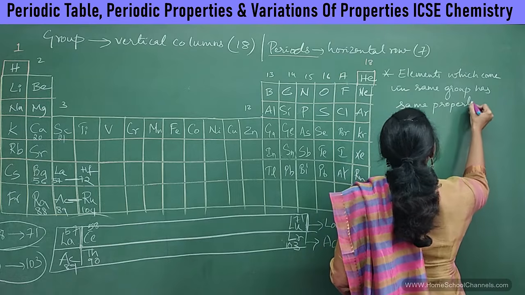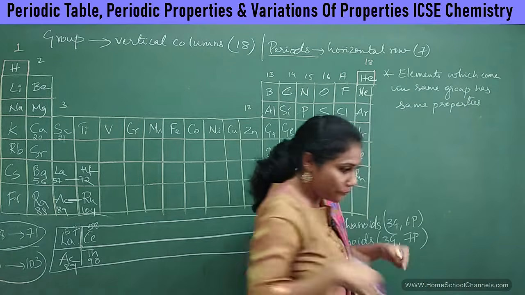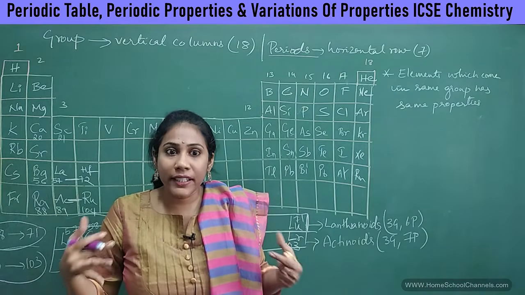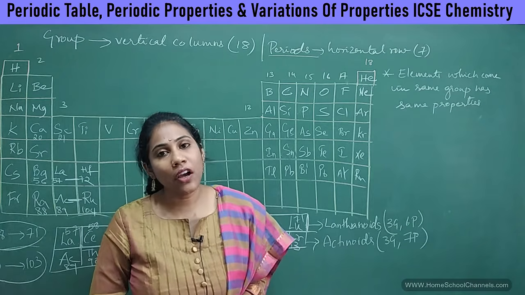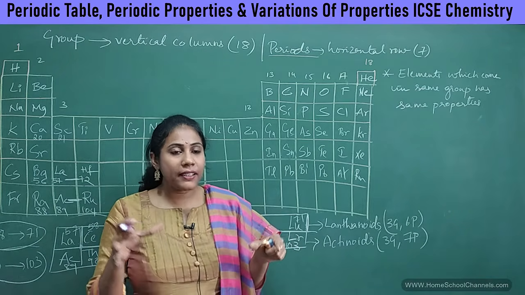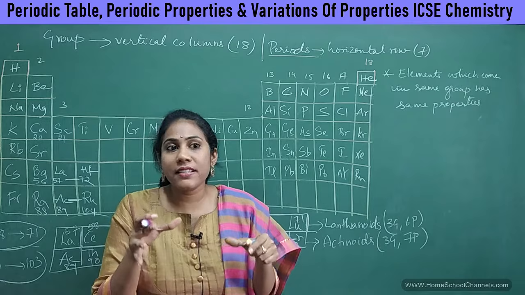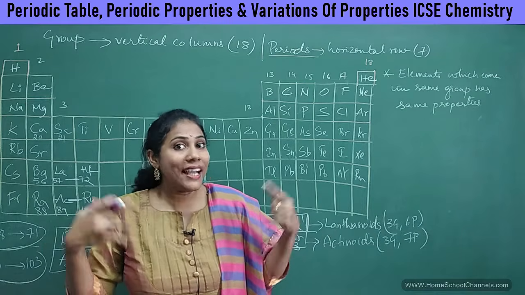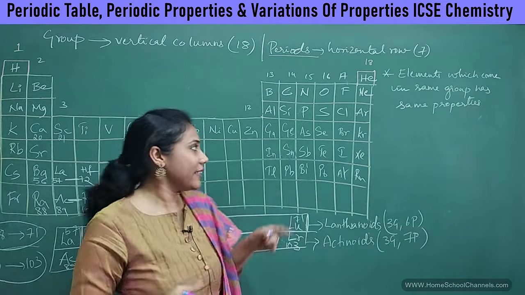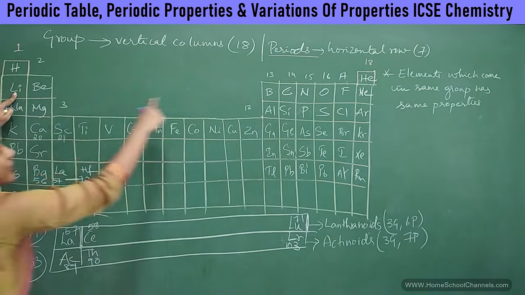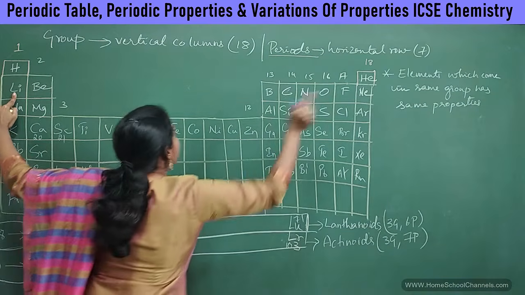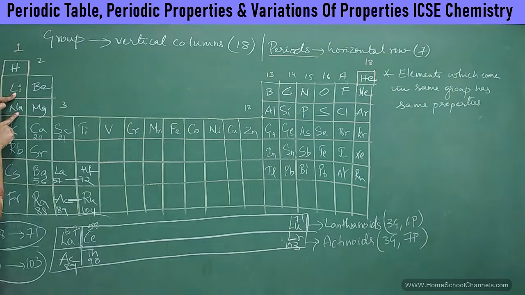This is also the meaning of the modern periodic law. In the definition of modern periodic law, we studied a sentence that chemical and physical properties are repeated at regular intervals. So lithium is here. After certain intervals, you have sodium.